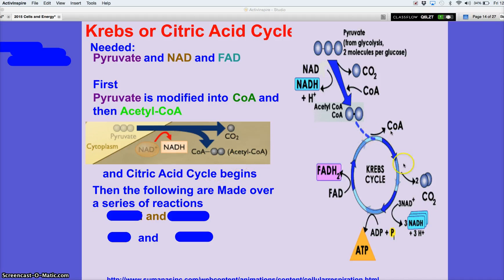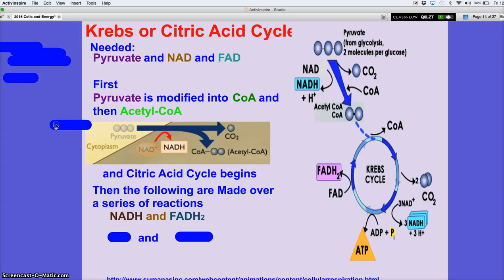Now, in between that cycle, what do we got going on here? NAD is turning into NADH, and FAD over here is turning into FADH. All of these are going to be really important because they contain hydrogen ions, which produce massive amounts of energy in the electron transport chain. Hence electron, right?